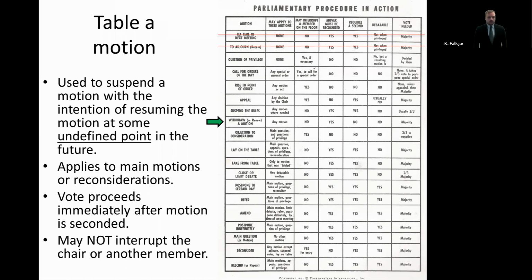Table a motion, I'm sorry, the arrow is in the wrong place. It should be lay on the table here. This is used to suspend a motion when we intend to resume it at an undefined point in the future.